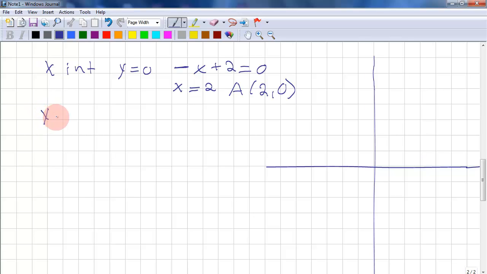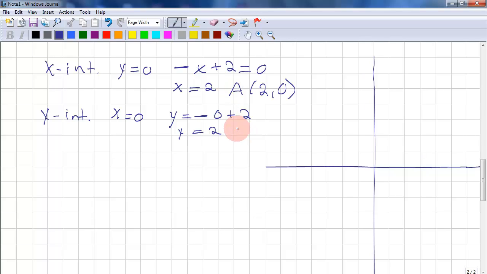For the y-intercept, do the same, but for the y. Okay, and then y equals negative 0 plus 2, and then y equals 2, because obviously if it's plus 0, it's going to be 2.